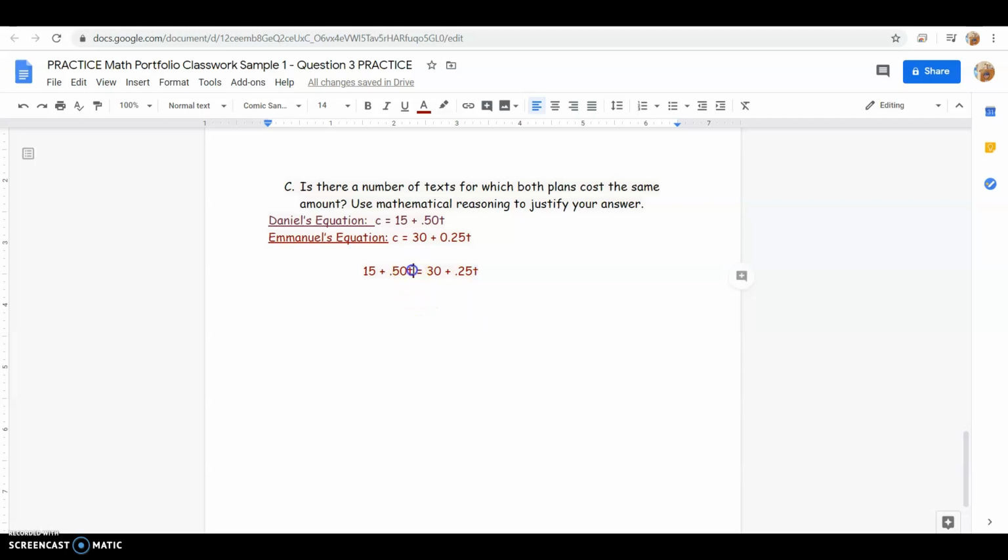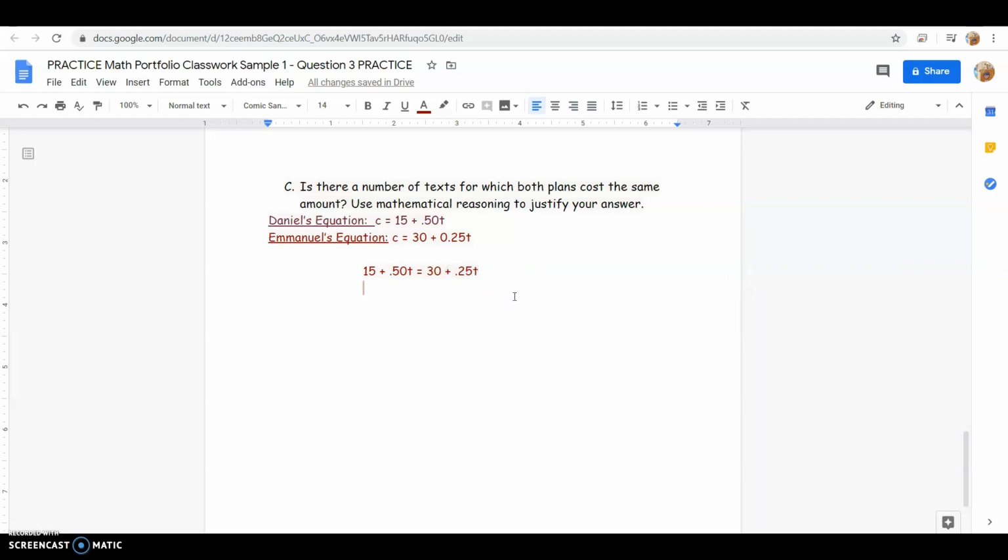Look at the two numbers here, 0.50t, 0.25t. 0.25 is clearly lower than 0.50. If you want to give me 50 cents and I'll give you a quarter, that works for me. But in this problem, please understand that 0.25 is the lower number.